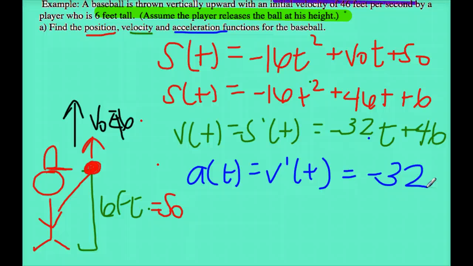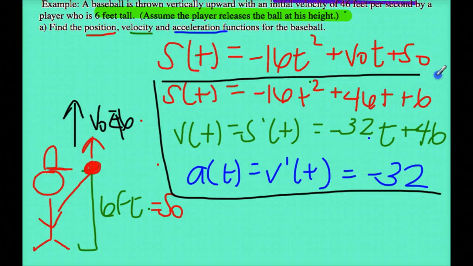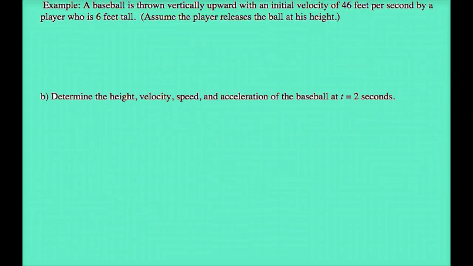These three equations that we've just found will be used for the next problem. So the next problem says, okay, baseball is thrown vertically. It's the same problem, except now I need to find when this happens when t is equal to 2. So let's use our equations from the previous section.